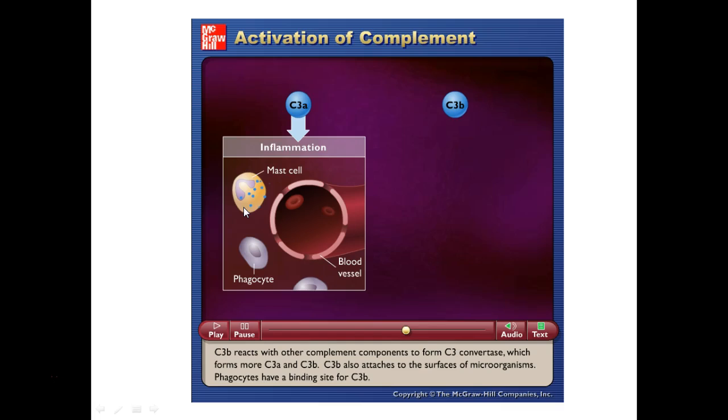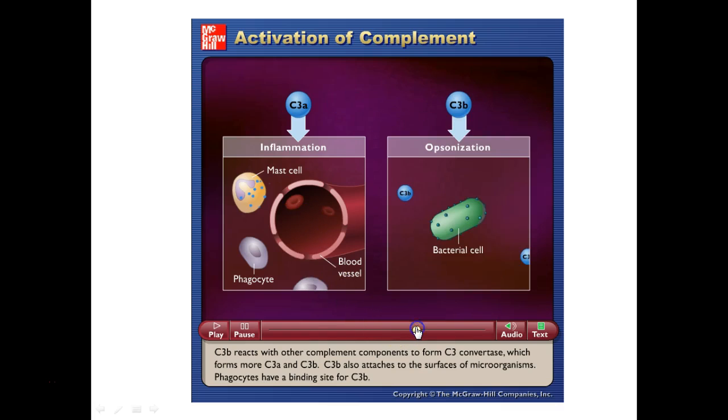As C3b is being produced, what does it do? It goes somewhere, doesn't it? It's an opsonin. It binds to the surface of the cell. So as we're producing this, it's binding, it's tagging them for destruction. By what? By phagocytosis. And who does that? The white blood cells.